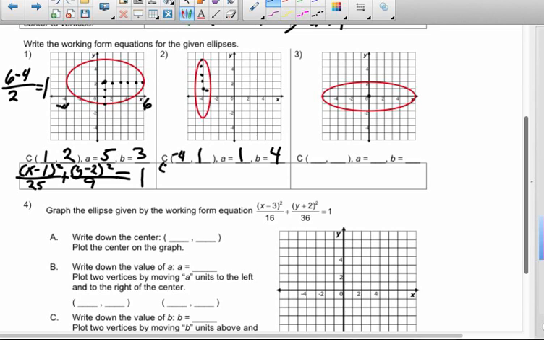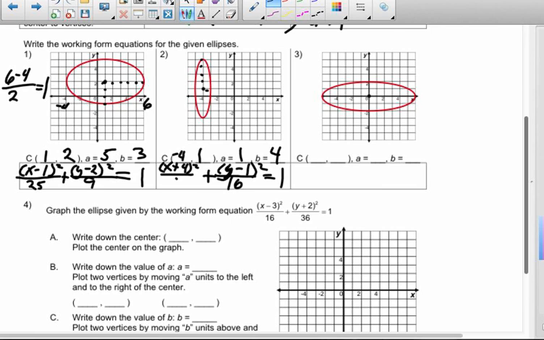So I'm going to have x, but I have to change the sign. It's a negative, so that's going to be plus 4 squared. And that will be over 1 squared, which is 1. And we usually don't write that. Plus, then I'm going to have y minus 1 squared over b squared, so that's 16, equals 1.